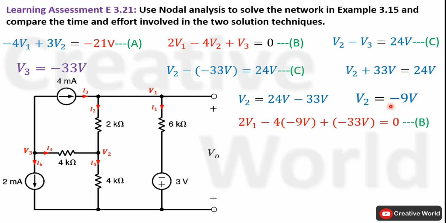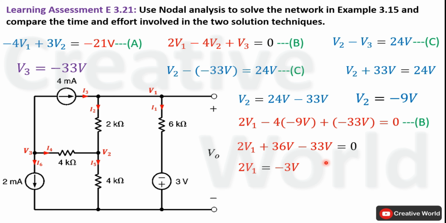After calculating the values of V2 and V3, we are able to calculate the value of V1 as well. So we have replaced the values of V2 and V3 inside this equation B. V2 is replaced with minus 9 volt and V3 is replaced with minus 33 volt. Now open these brackets, the product of minus 4 and minus 9 will become plus 36. Similarly, this minus will multiply plus outside of the bracket, it will become minus 33 volt. Now subtract 33 volt from 36 volt, it will become plus 3 volt and place this constant on the other hand side of equal.